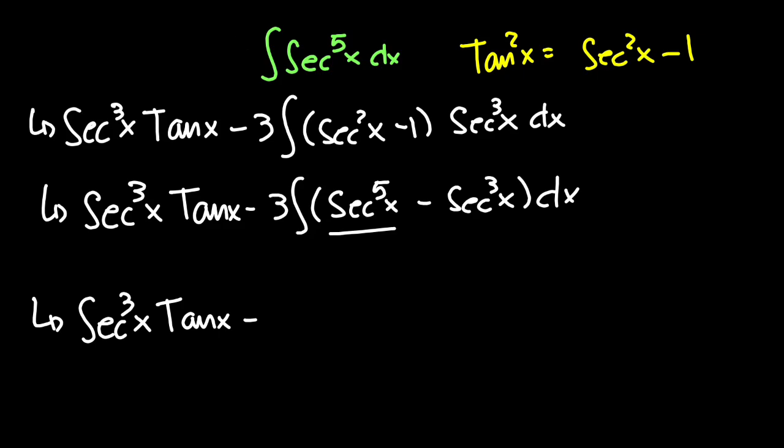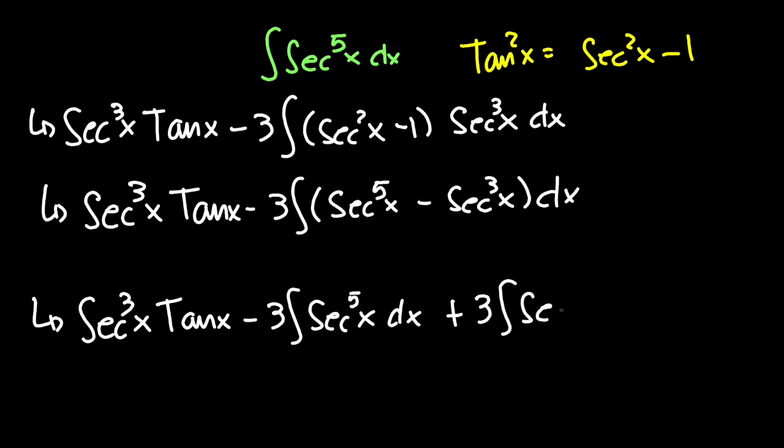So splitting the first part, we would have 3 integral of secant to the power 5 of x dx. And for our second part, you can see here, we have a negative sign and we have a negative sign here, which makes this plus, and copy the coefficient, which is 3 integral of secant cube of x dx.